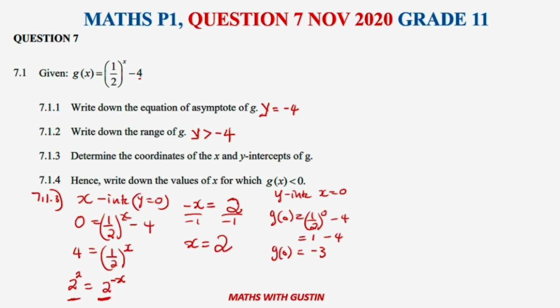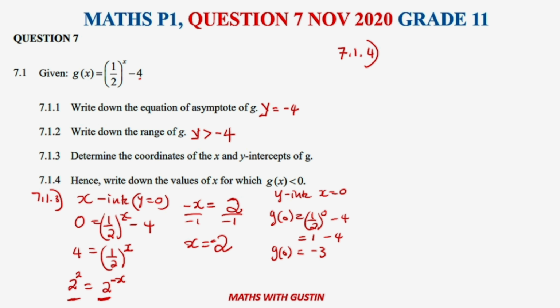7.1.4 says, hence write down the values of x for which g of x is less than 0. Let's have a look at this one. I made a mistake here.